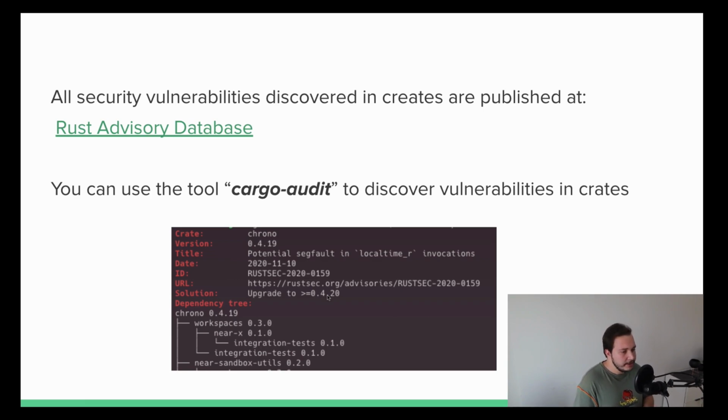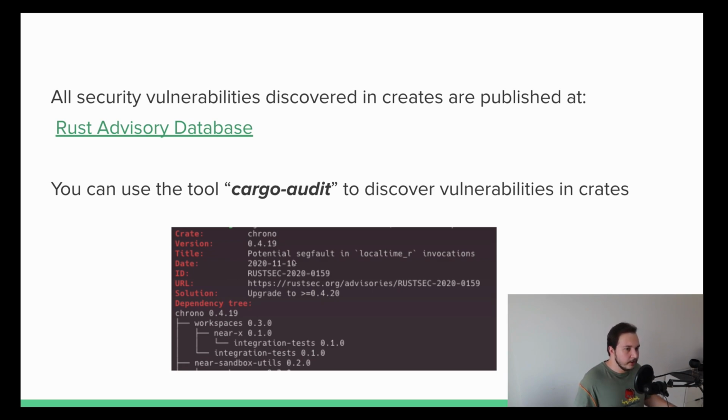And trying to upgrade, especially if it comes inside of a core crate that you use to build applications, like let's say Near SDK, maybe the whole Near SDK will break and you will spend an enormous amount of time just to find a way to make it work again. You should always find those dependencies, go over them, and determine which ones are easily upgradable without any issues and which ones can actually cause trouble in your applications, and then upgrade them.